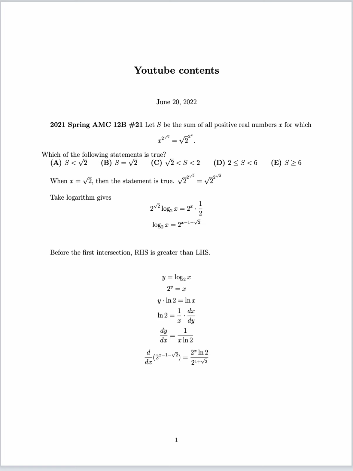And also it's increasing greater as we proved, so therefore it must be less than 4. So basically we have the second intersection be less than 4.